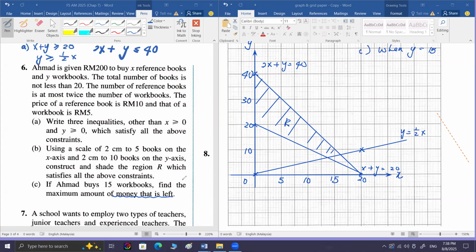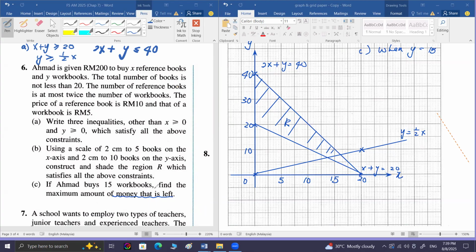If you want to find the maximum amount of money left, you have to get what? The minimum money spent, right? From this graph, you have to find the minimum money that's spent. So don't get confused.